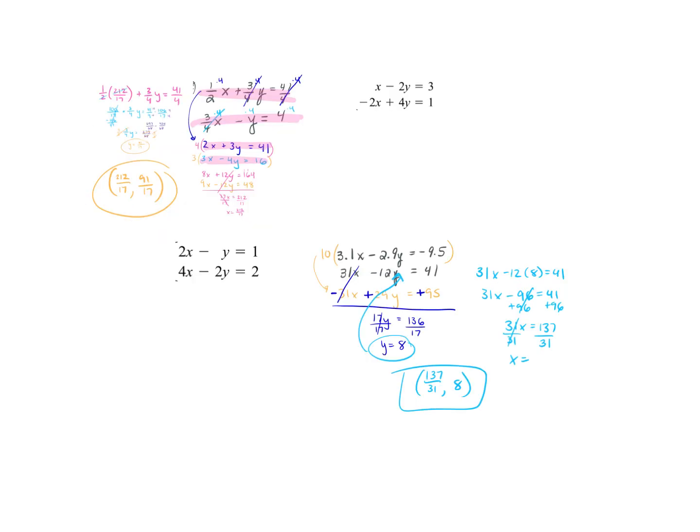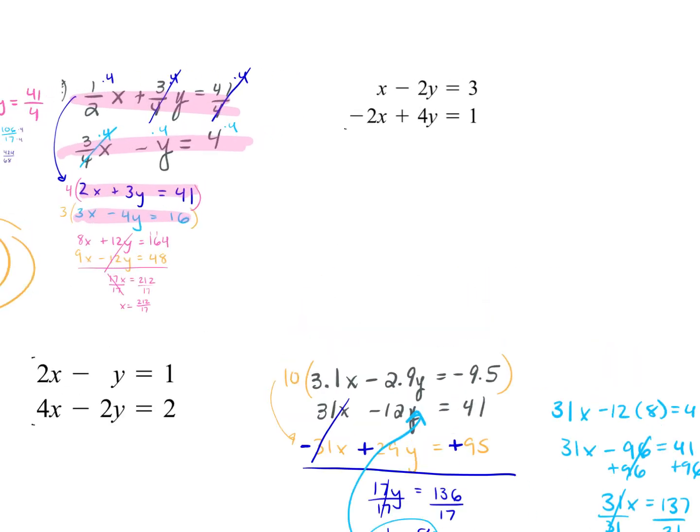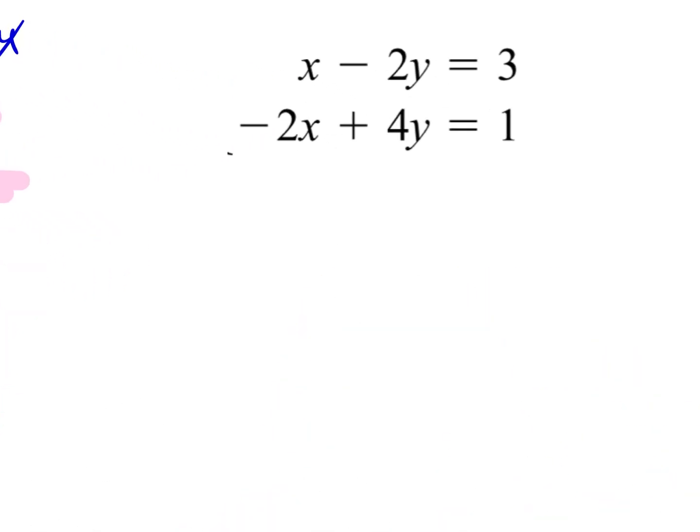But looking at the notes, the top right one, when we work it out, actually let's do it. What can we do to solve using elimination? You can multiply the top one by 2.